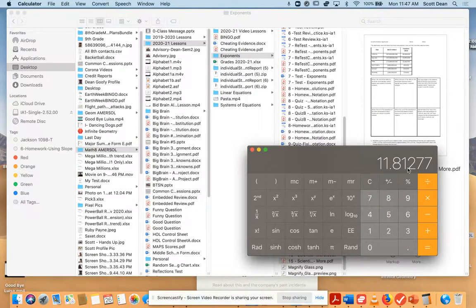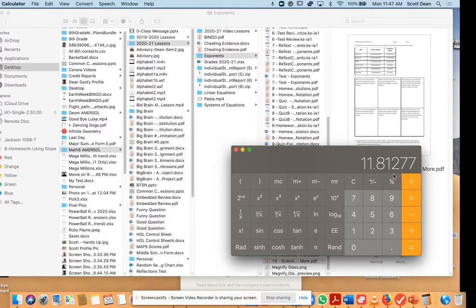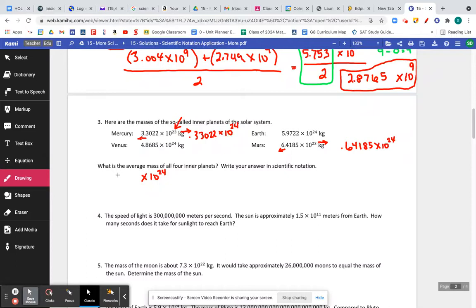How about I'm going to round it right there at 11.81. Okay, so let's call that 11.81. So there's all the additions, but for averages, add them all up, divide by how many there are.